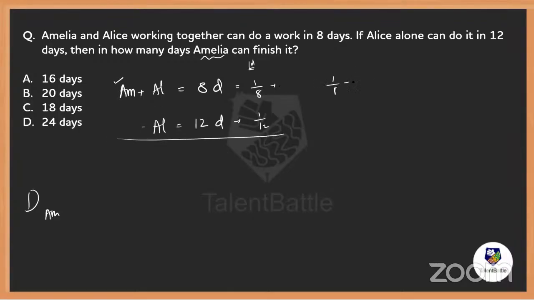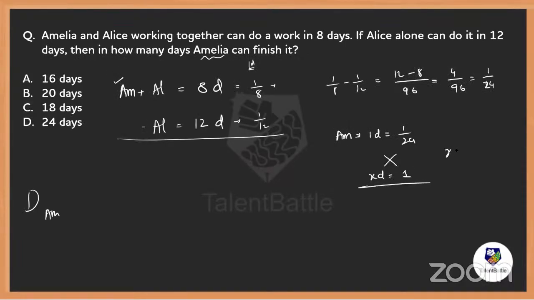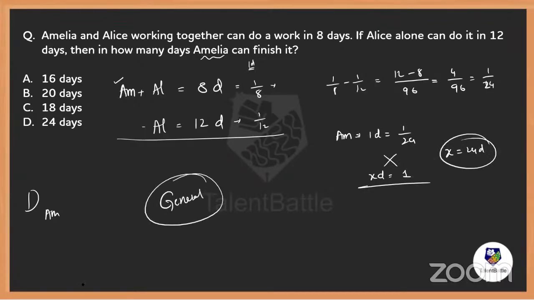So 1 by 8 minus 1 by 12 gives the LCM as 96. 12 8s are 96, 8 12s are 96. That gives 4 by 96, which is 1 by 24. So Emily's 1 day work is 1 by 24. Means how many days will it take to complete the total work? Total work is 1 unit in time and work, and that gives X as 24 days. And this is basically the general method everybody will use.